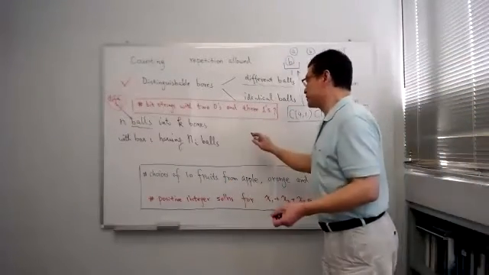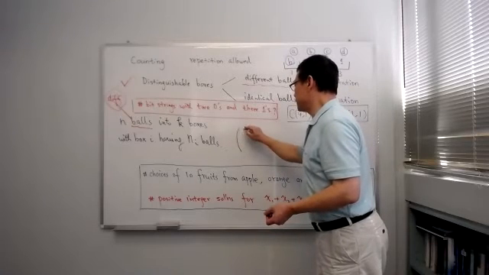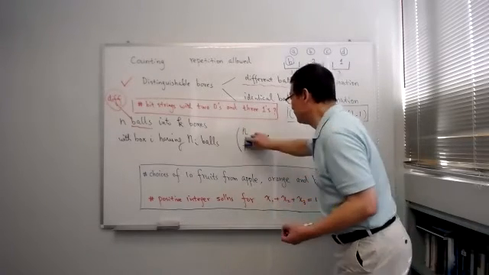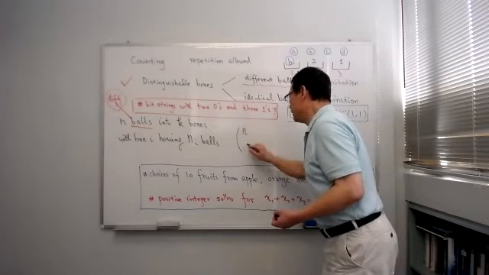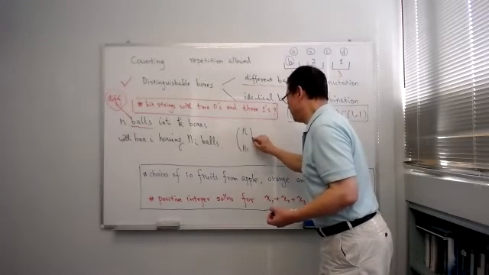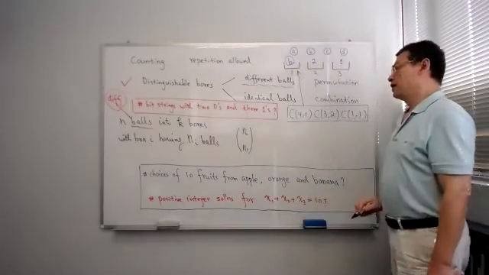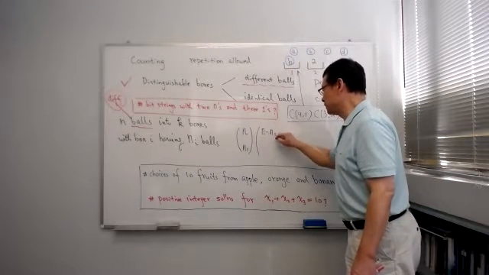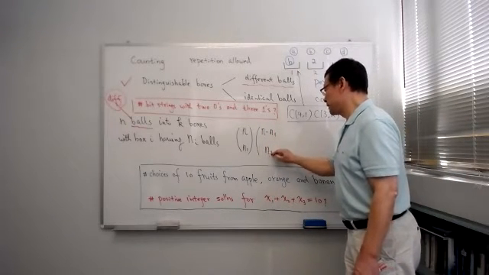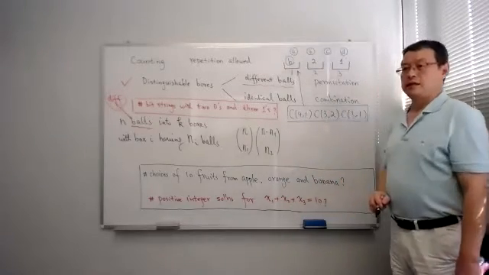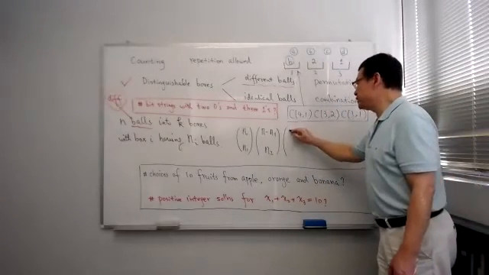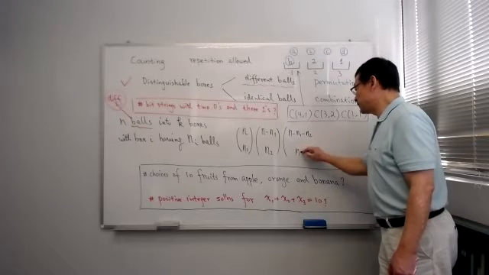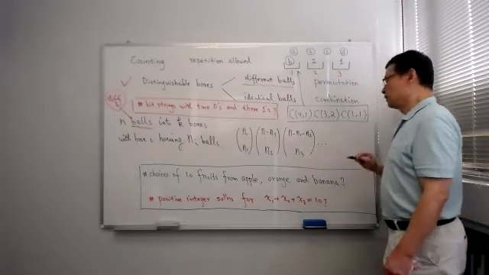For the first box, we choose n1 balls from n. That's for the first box. Now for the second box, the number of balls left is n minus n1, and we choose n2. If we continue, next is n minus n1 minus n2, choose n3, and so on.